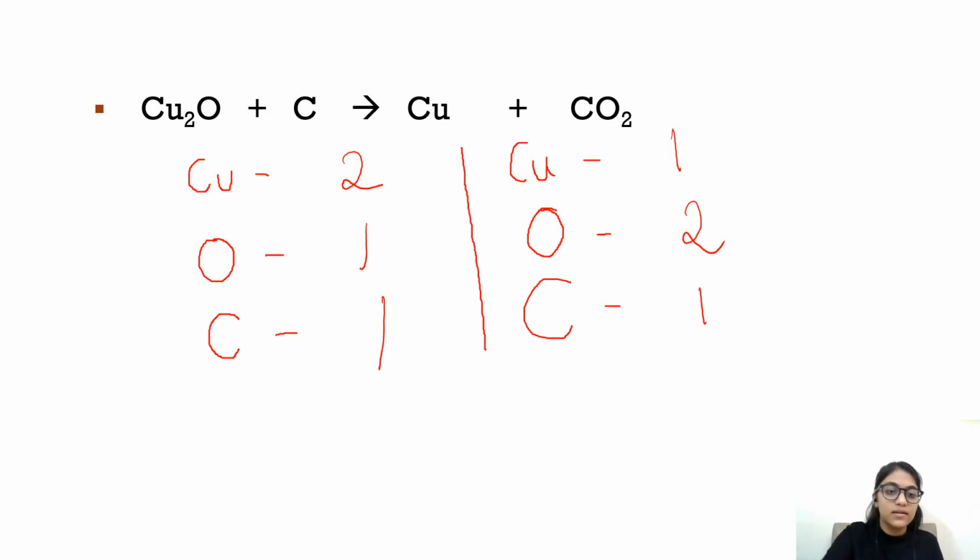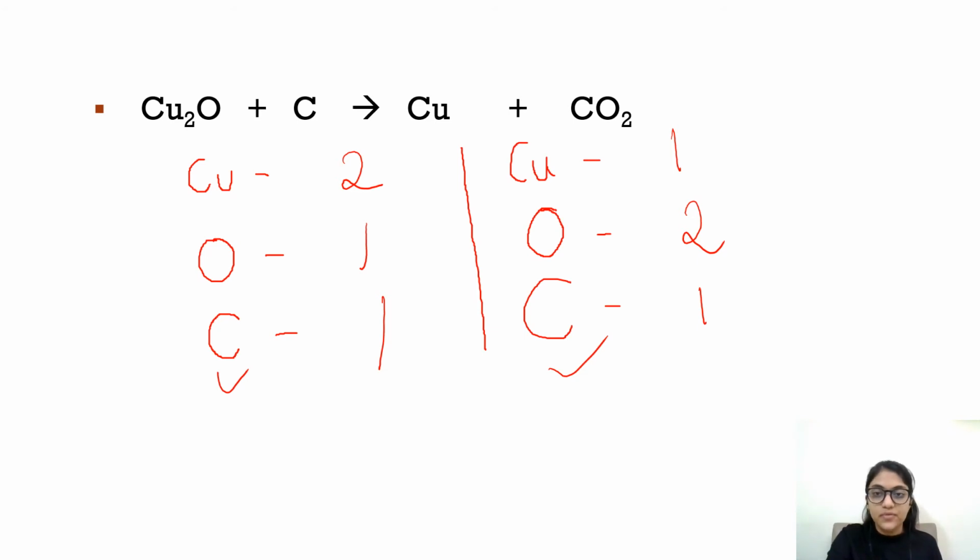So as we can see, the carbons are balanced, however the copper and oxygens are not, and we need to balance them. We can start with any one, and right now I'll be balancing copper first. On the left hand side we have 2 atoms of copper, and on the right hand side we have only 1.